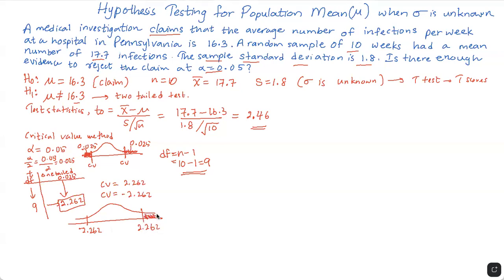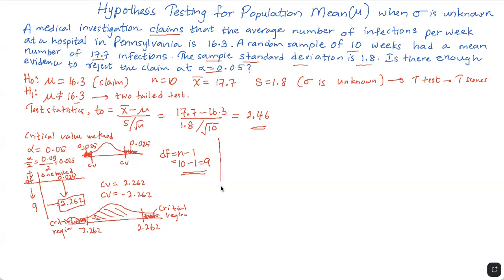So this region is your critical region, and this region is also a critical region. This area is your non-critical region.